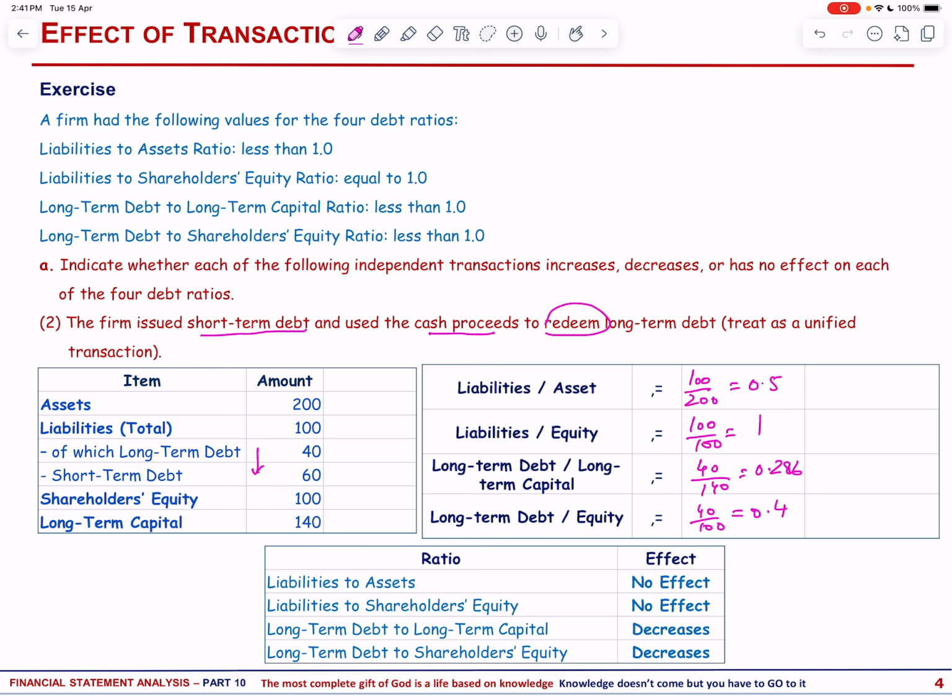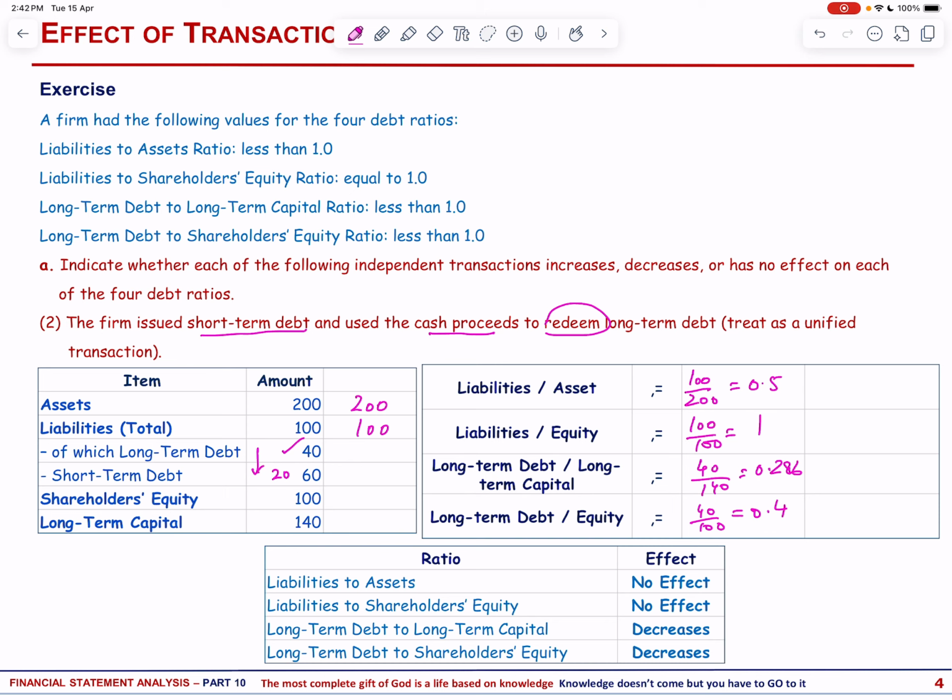Now suppose the firm has issued a short term debt of 20. So they have a short term debt of 20 that they are issuing, and they use it immediately to pay off the long term debt. So now the assets, there is no change, they remain the same 200. There is no change on the liabilities as well, they remain 100.